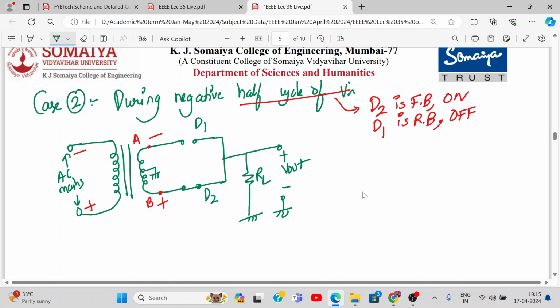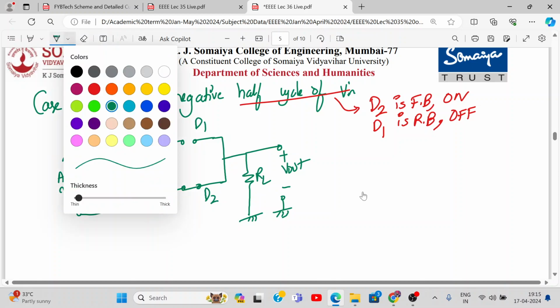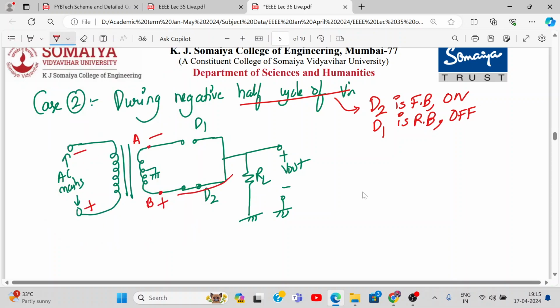So how will the current flow from B, D2, RL, ground, O to A? Yes or no? So how will the current flow? Let me mark over here like this. Again in the same direction, it's going down.